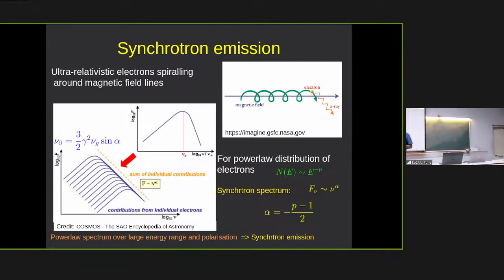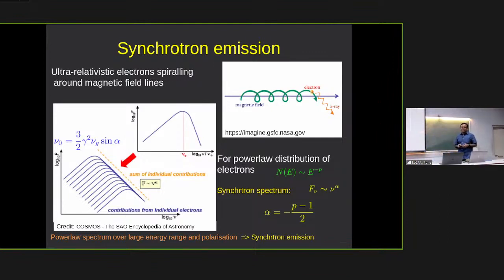Then one has to talk about acceleration processes, which we are not going to do here. But that's how you progress from very simple observations. You measure the spectrum of the source, from that you infer the particle energy distribution and the energies of the particles, and then you worry about how these particles get so much energy, and what processes occur so that these particles attain such high energies.